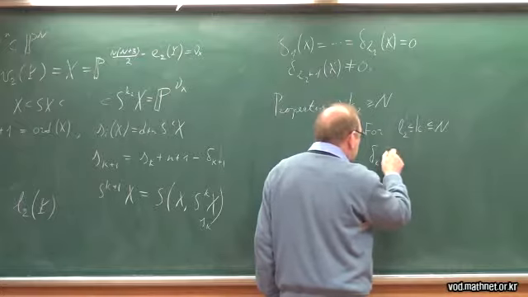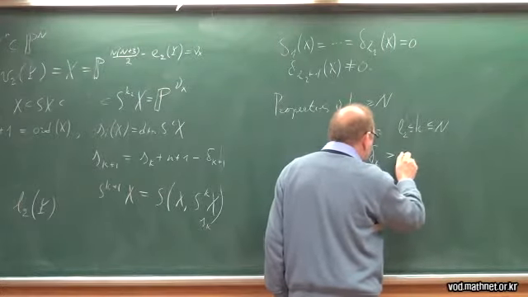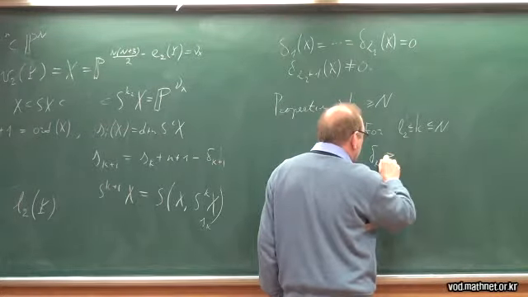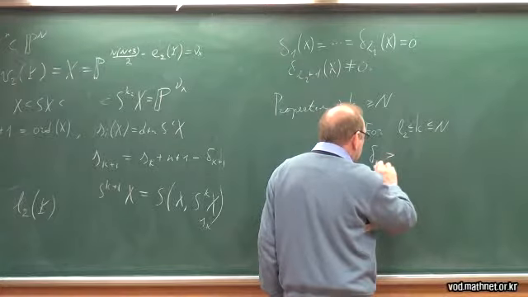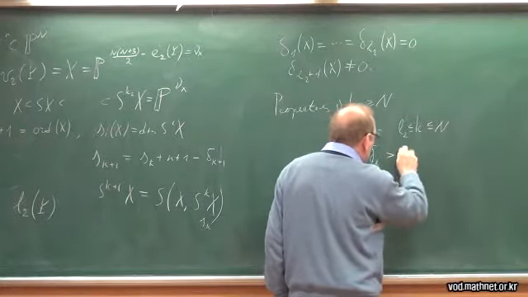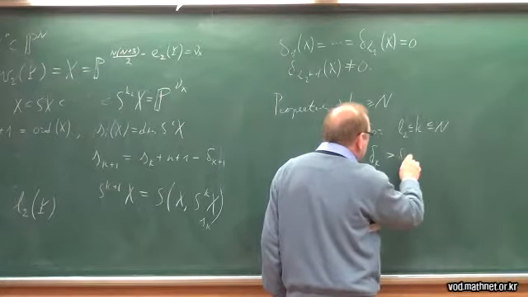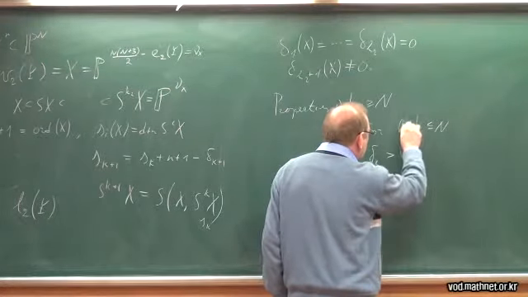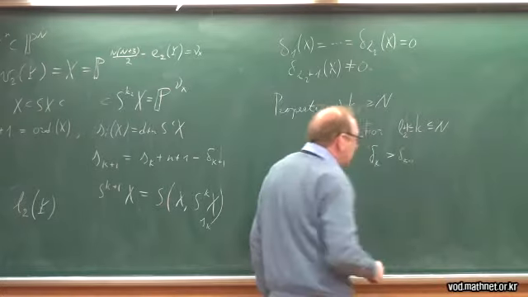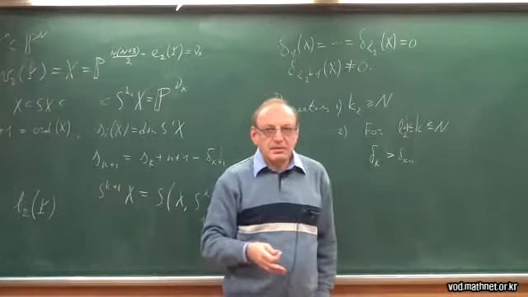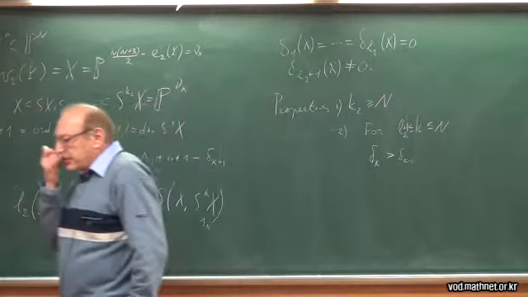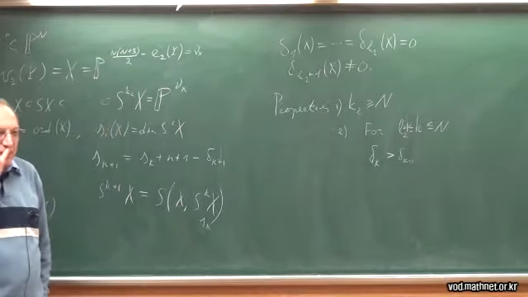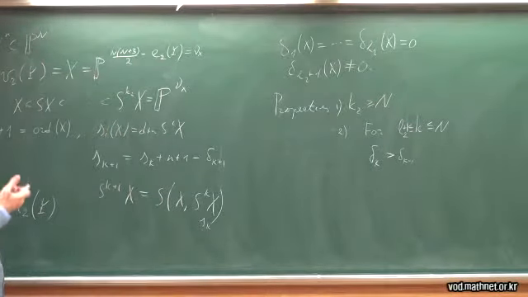That means that we have strict inequality. And this is again a big difference in comparison with the general variety, not quadratic embedding.